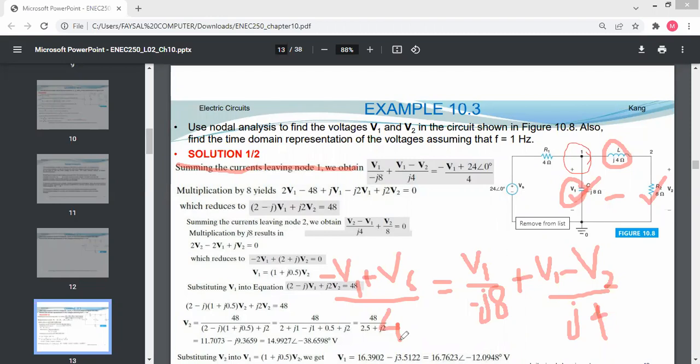So I have to put this value here. So this will be minus V1 plus 24 angle 0, divided by 4.